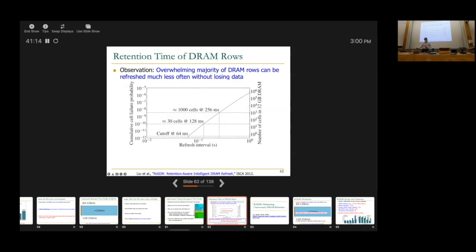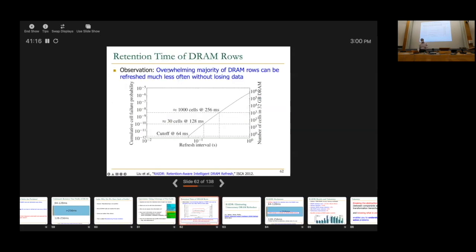I'm going to give you one example. This is basically the observation. Basically, the observation is that overwhelming majority of DRAM rows can be refreshed much less often without losing data. And this is a real example from real data. For example, if you do not refresh rows every 64 milliseconds, but if you refresh every 128 milliseconds, only 30 rows lose data. Basically, only 30 rows go wrong.